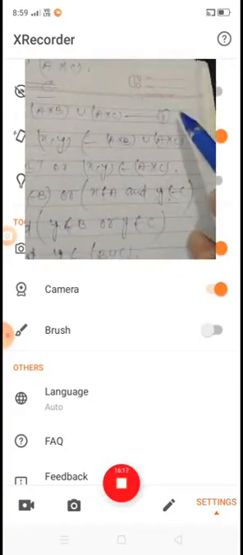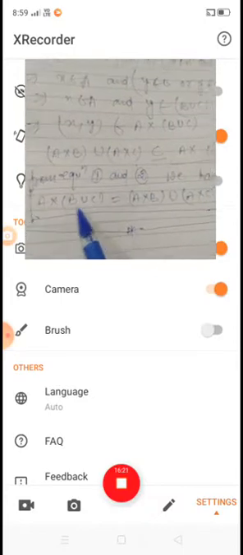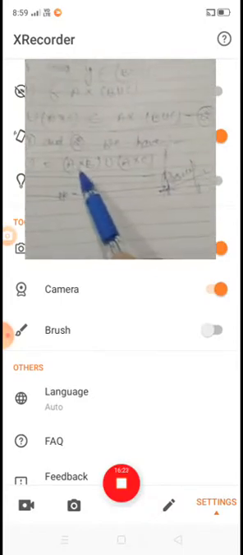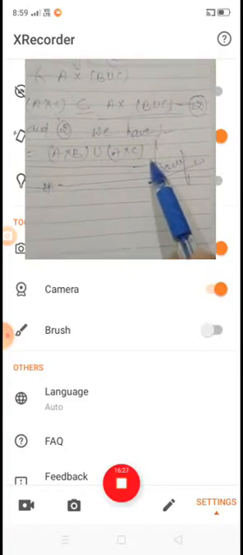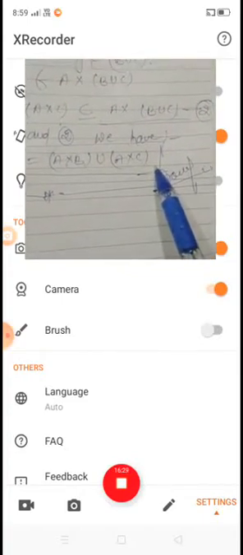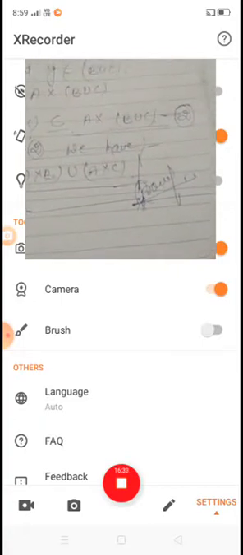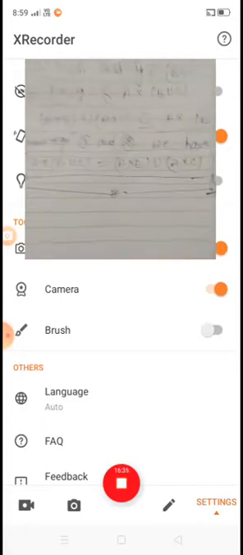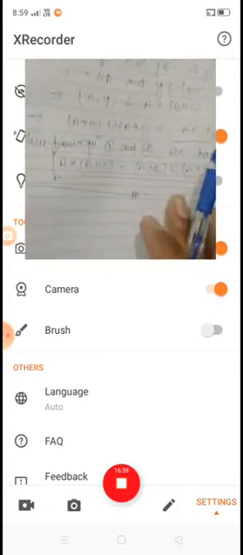And finally, with the help of equation 1 and 2, we have to prove that A cross (B union C) is equal to A cross B union A cross C. In this way we prove that type of questions.